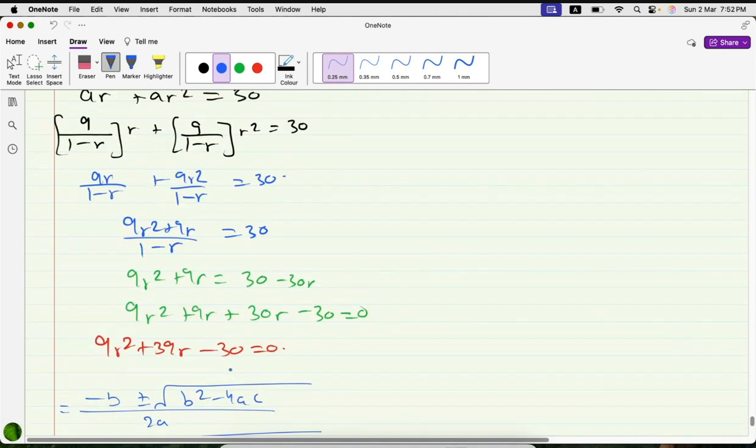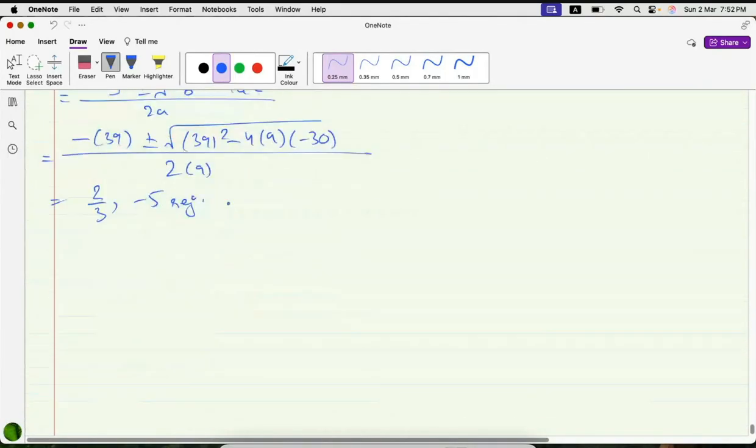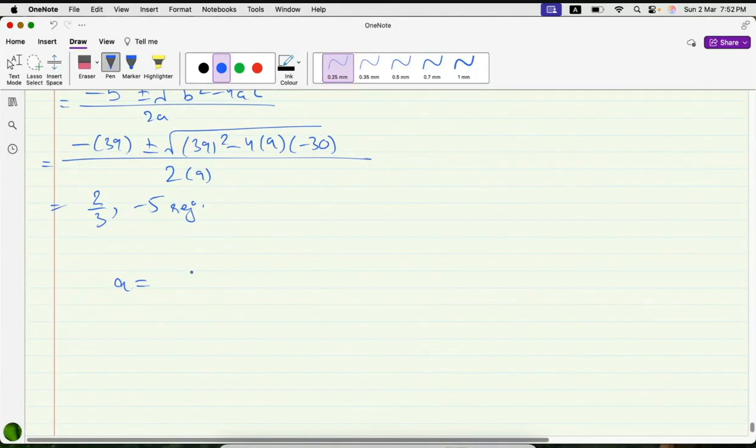So if R is 2 by 3, A was 9 over 1 minus R. So 9 over 1 minus 2 by 3. And 1 minus 2 by 3 is 1 by 3. 9 divided by 1 by 3 is 27.